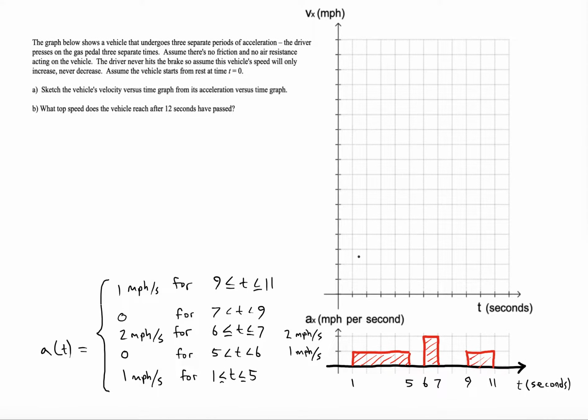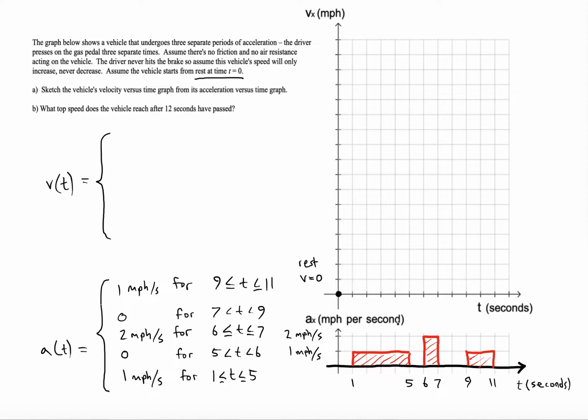All right, so let's see if we can do this. And we want to come up with formulas for the velocity that would also be piecewise. We're going to start our vehicle out at the origin, which is basically at rest, because the velocity is 0. And they said that right here.